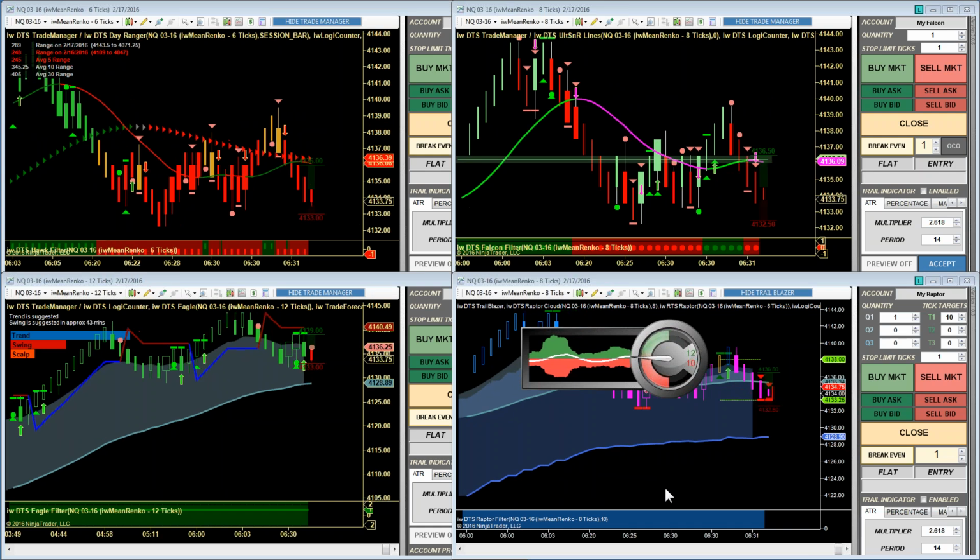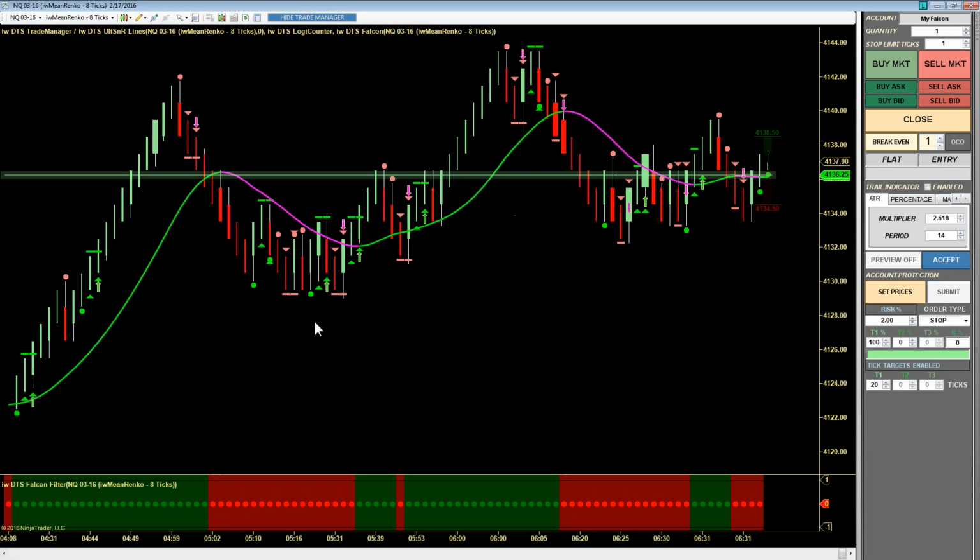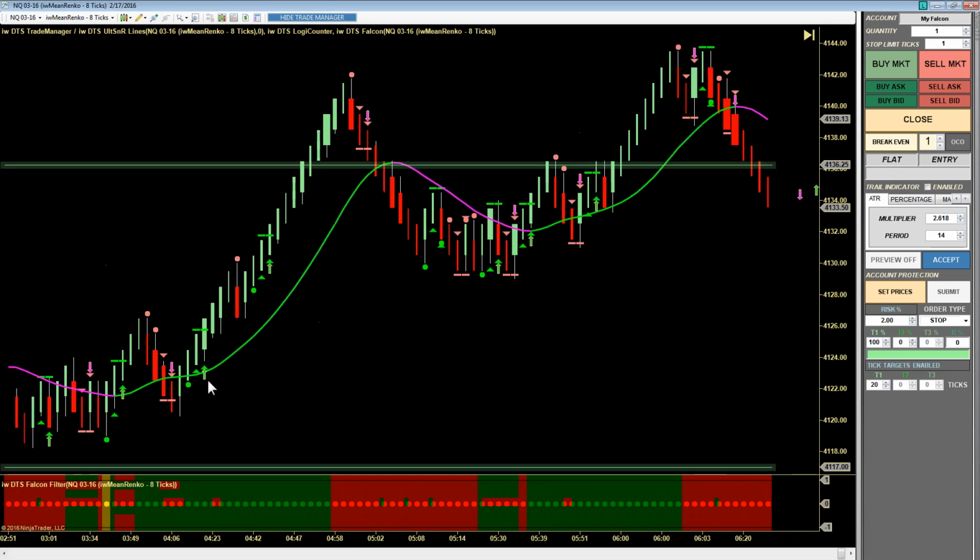All the signals on the chart develop the same way. In other words, we're going to be seeing a warning dot when the signal starts to print. So we get a warning dot. Then when the signal is complete, we get a triangle and a hash mark. And that tells us it's decision time.